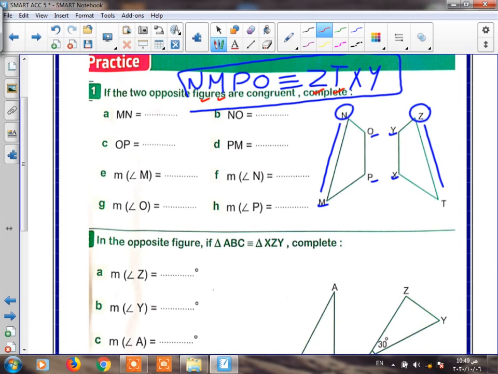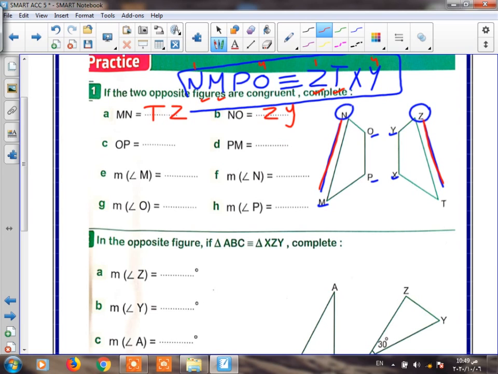So MN equals DZ, number 2 then number 1. Here one side equals the corresponding side, but we get it from the key. Again, NO: N is number 1 and O is number 4. So I will take number 1 from the other one and number 4. So I will take ZY.